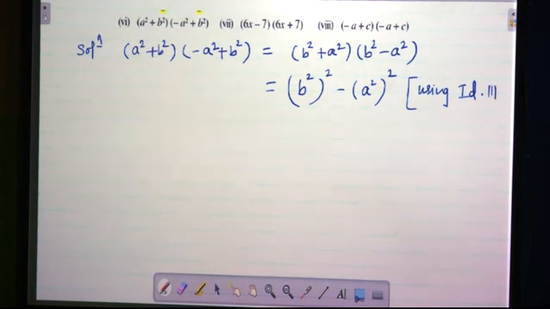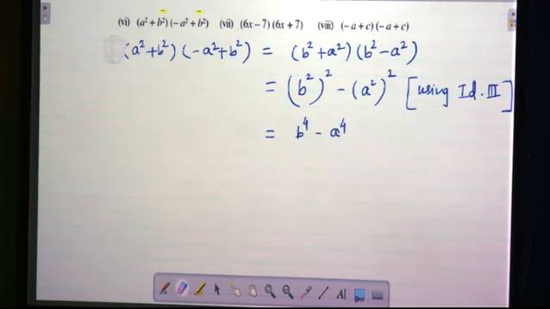I have written it in shortcut ID. It is using identity 3. Proceeding further, this becomes b square square means b raised to 4 minus a square square means a raised to 4. So, this is the final answer of the sixth one.